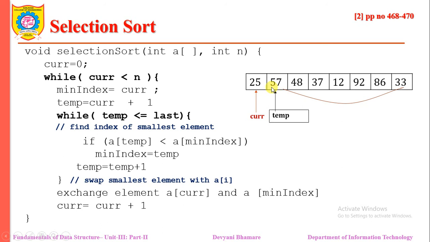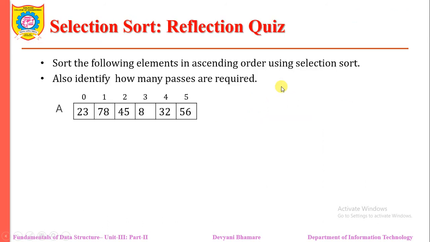Then once we are confirming that 12 is the minimum element, the element A of current and the minimum element A of minimum index are going to be swapped, and then this current will be increased by 1 position. So like this we are performing selection sort.